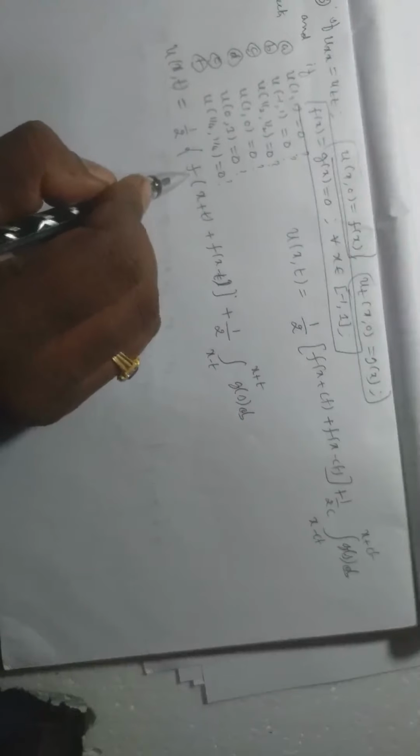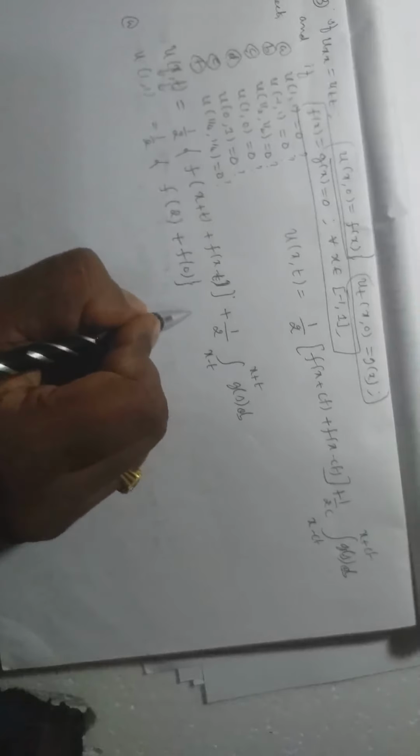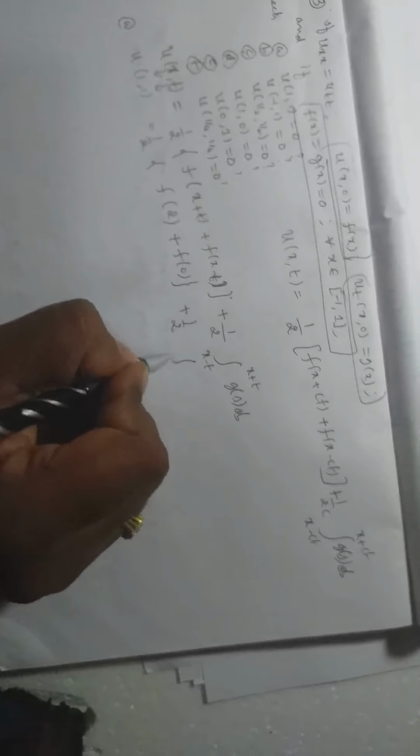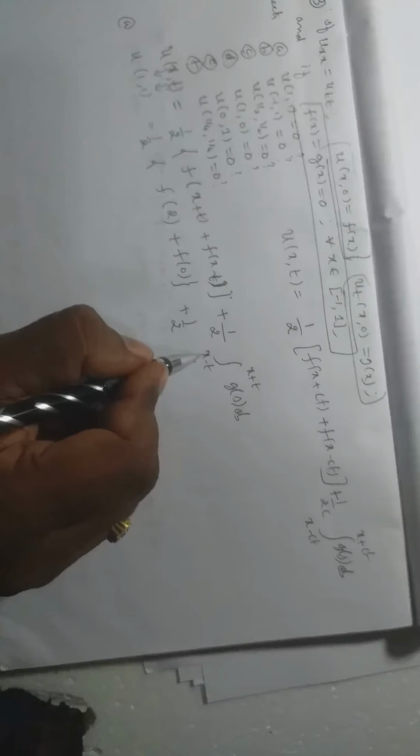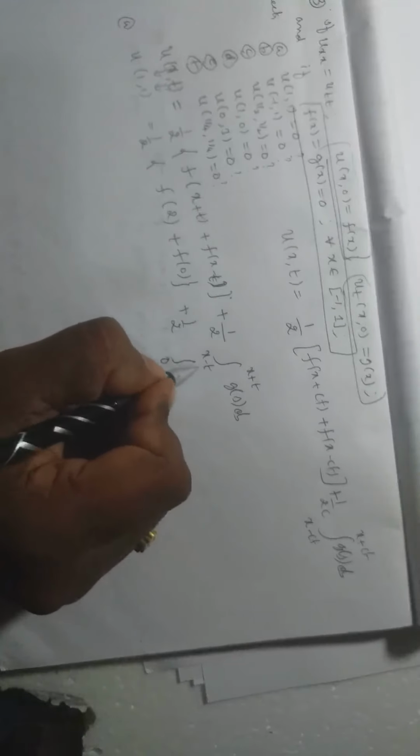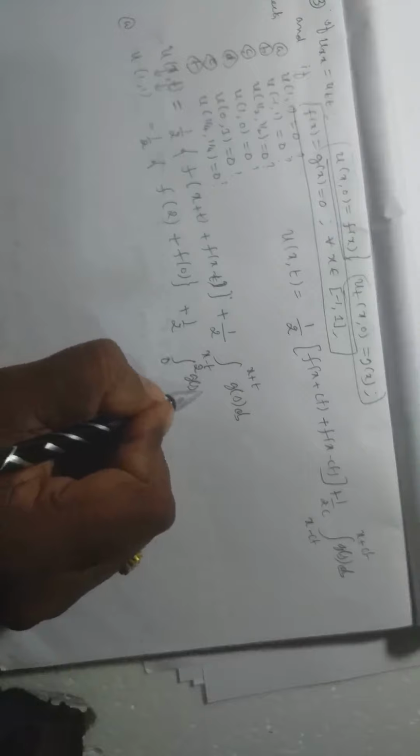So plug in the first one, 1 comma 1, put x equals 1, t equals 1. So it is half of f of 2 plus f of 0 plus 1 by 2 integral 0 to 2 g of s ds.